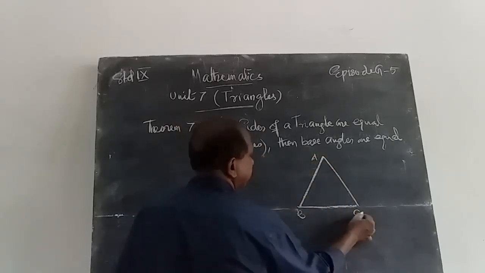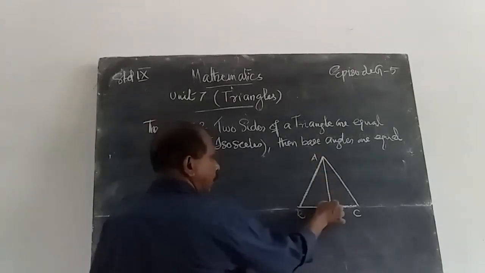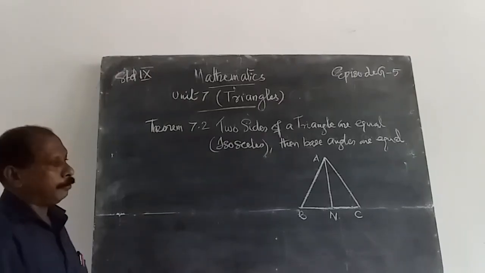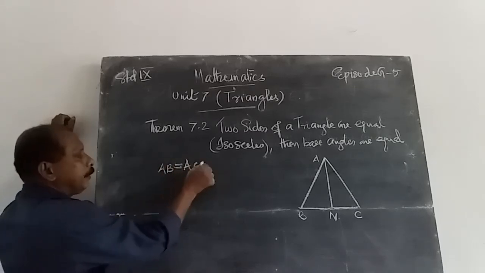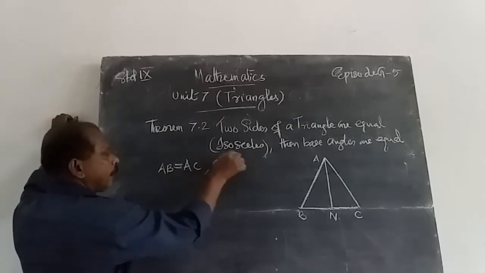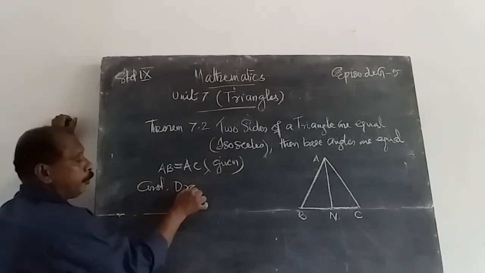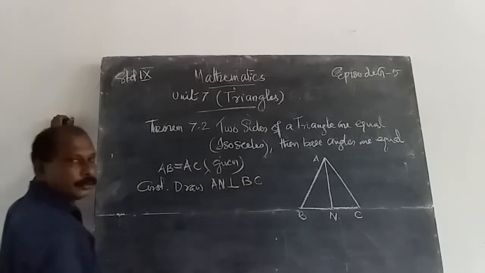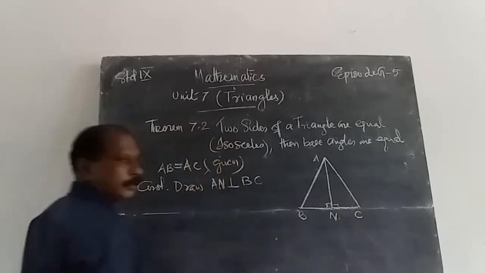ABC is an isosceles triangle. Then draw perpendicular AN. In this triangle ABC, given that AB is equal to AC, it is given. Construction: draw AN perpendicular to BC. Therefore, this angle is 90 degrees, this angle is 90 degrees.